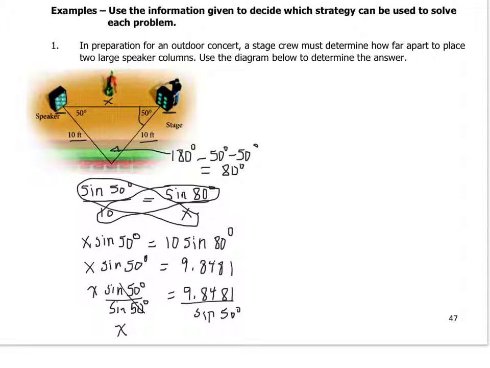X would equal 9.8481 divided by sine of 50, and that gives you 12.8558.